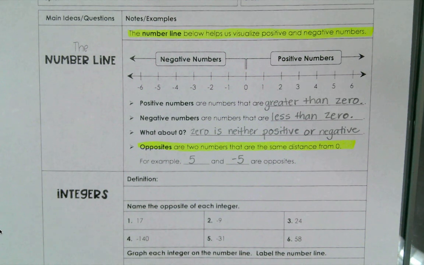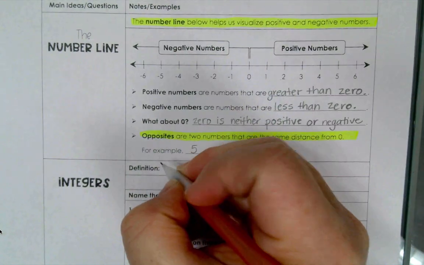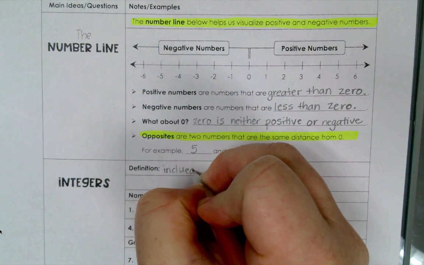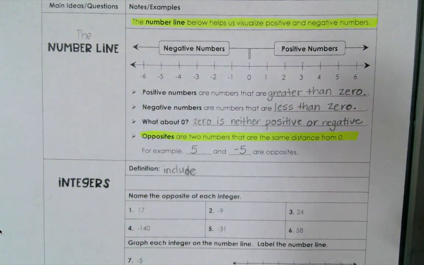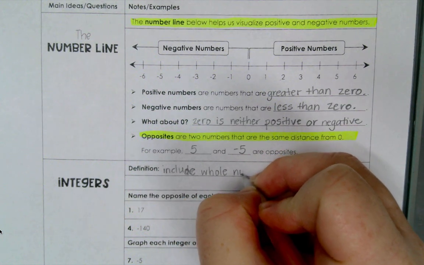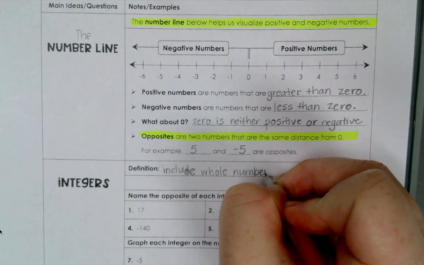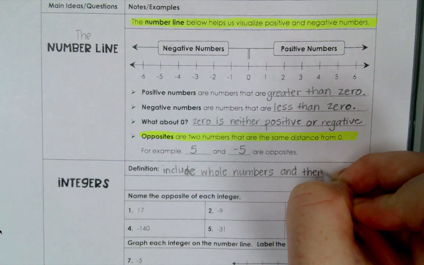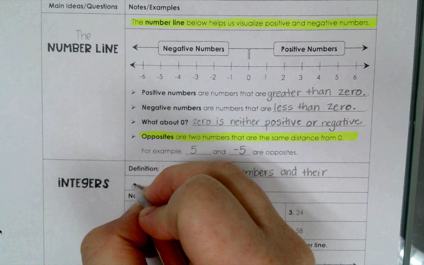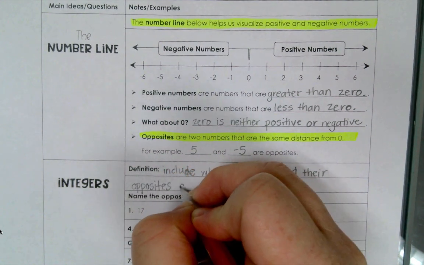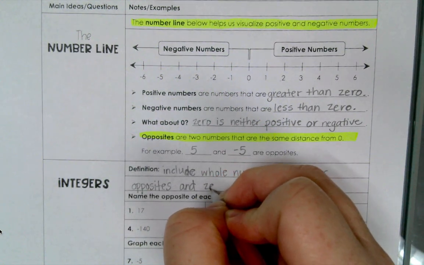So integers. This is a very important definition. Integers include whole numbers and their opposites and 0.